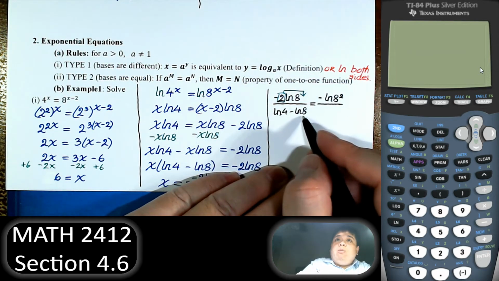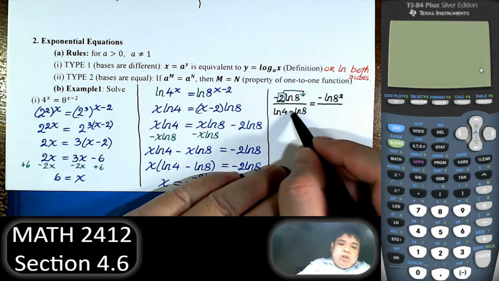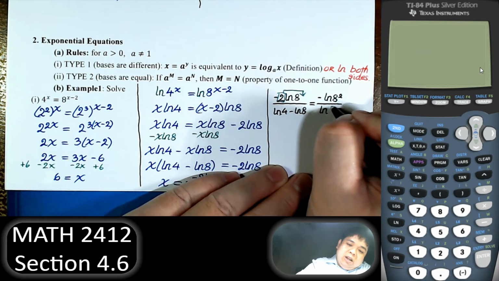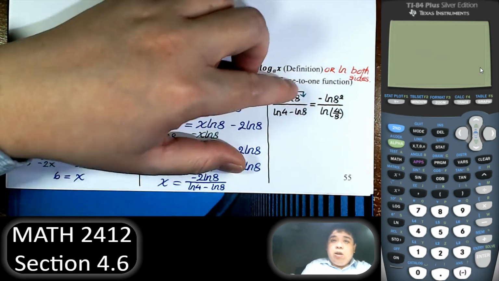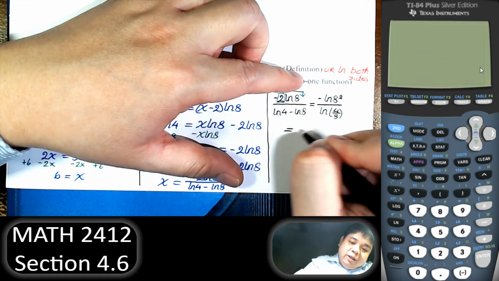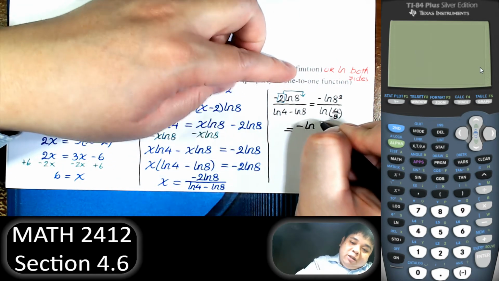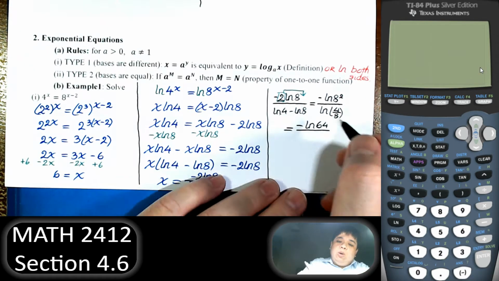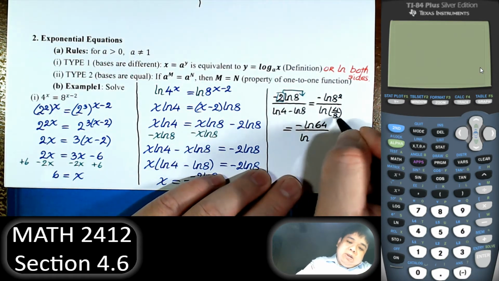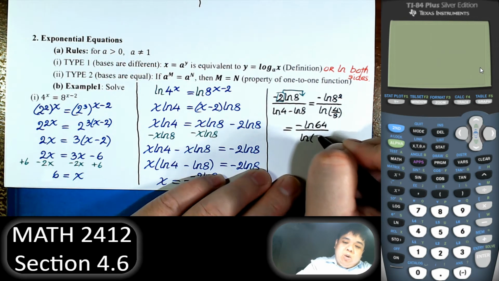Now ln of 4 minus ln of 8. When we subtract, meaning we divide the arguments. So we have negative ln of 64 over ln of 0.5, or 1/2.